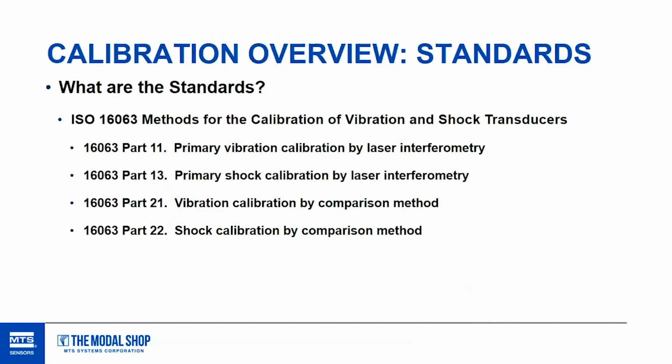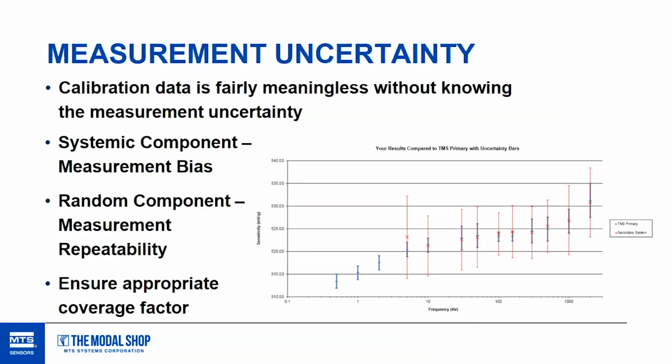So each of these is going to detail the types of calibration, the exciter that you use for different types of calibration, signal processing, and uncertainty, all the nitty-gritty details on the calibration methods in that ISO standard. So these are kind of the go-tos for the individual calibration types that you'll see out there.